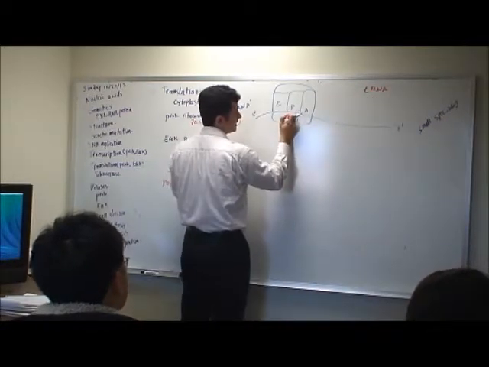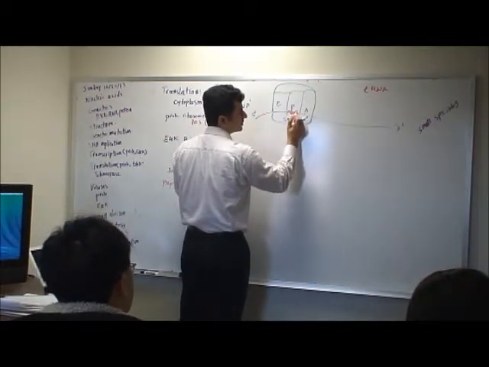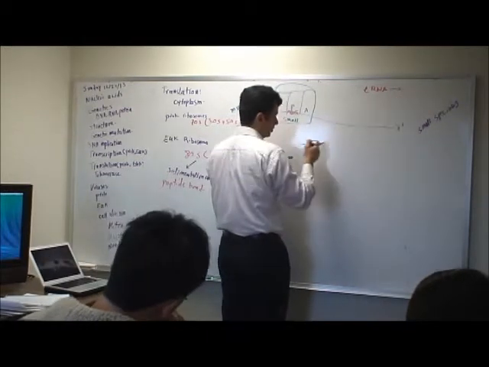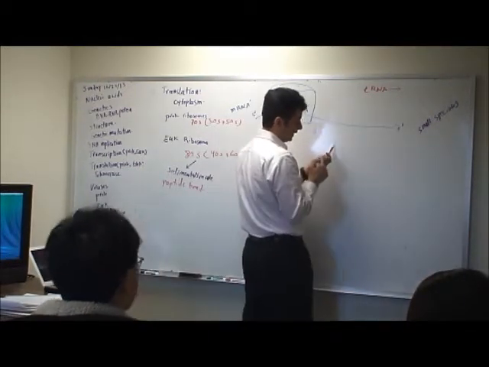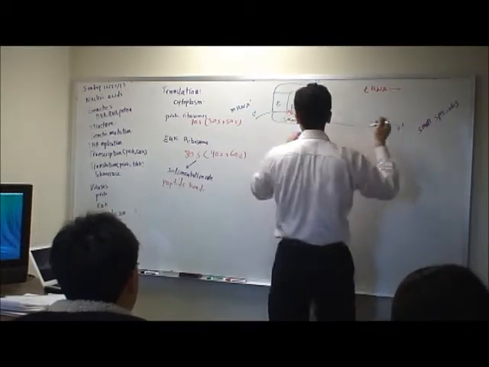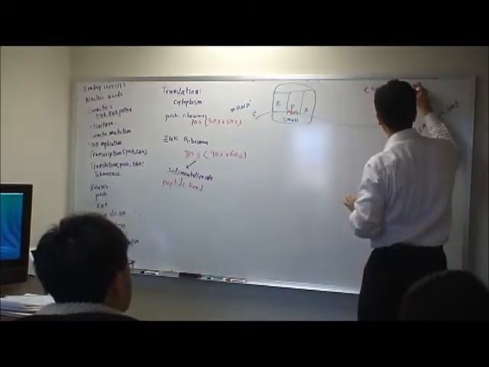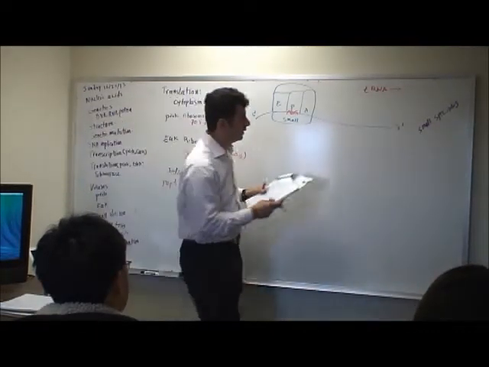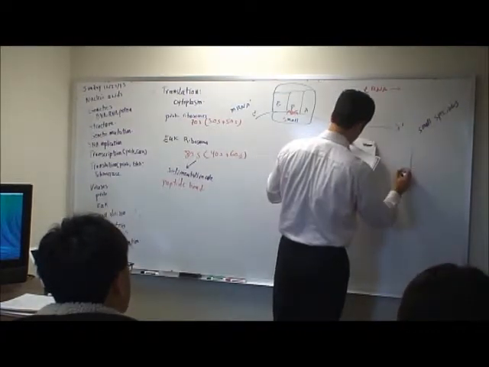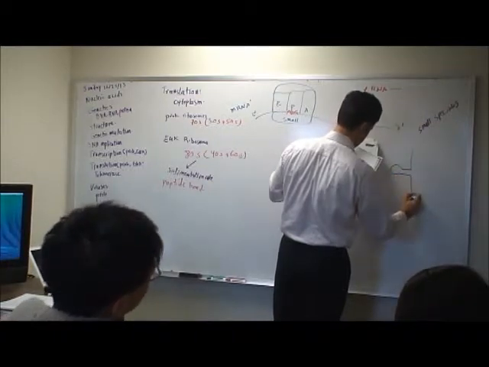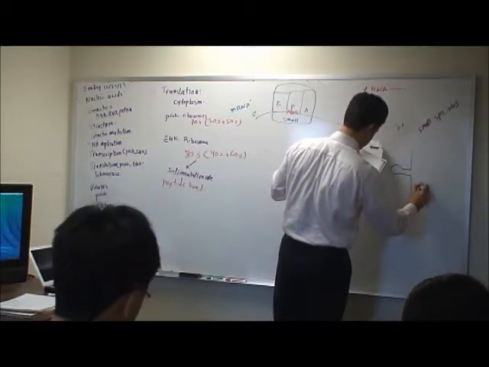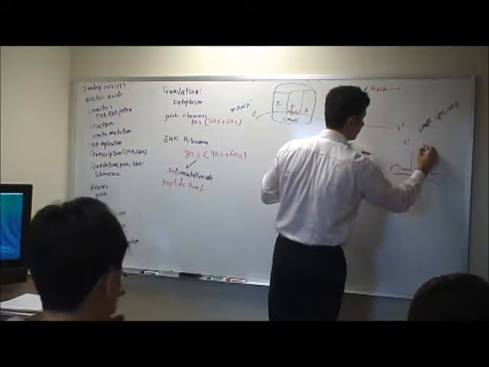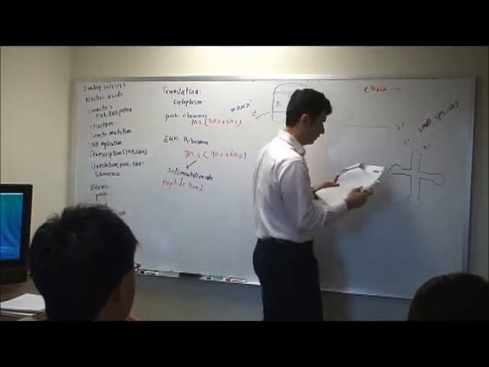So let's say this is an AUG start codon. tRNA goes into the cytoplasm and binds this one. So AUG, the amino acid, the structure of tRNA looks like this. This is how. 5 prime, 3 prime.